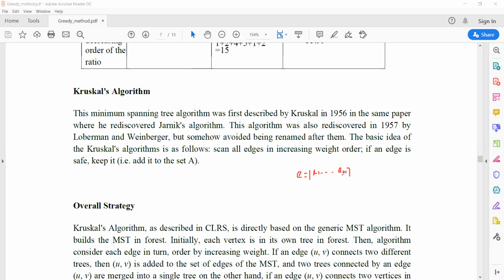We can start our algorithm with the edges, and the solution set is initially an empty set.